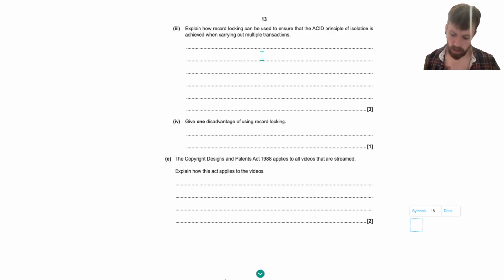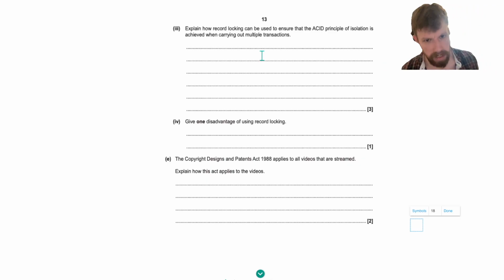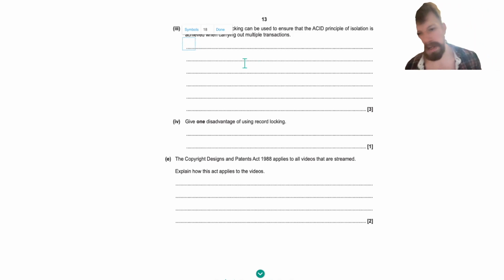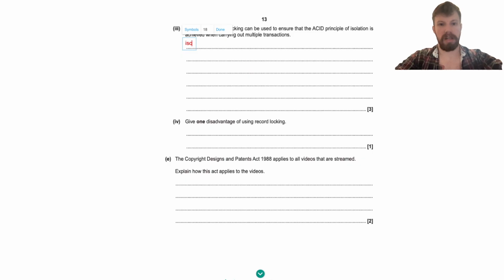Record locking means that if you go onto a database and want a particular ticket, and somebody else then gets access to the same ticket, they can't finish the transaction before you and essentially steal your ticket. We can use record locking to help us out there. So what I'd be stating is that isolation is where transactions are carried out in sequential order.